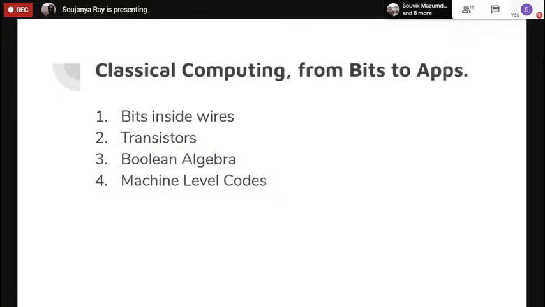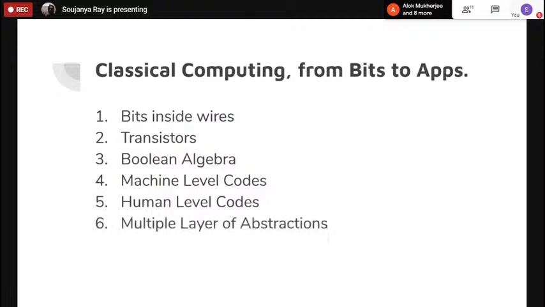And then we have human level languages like human level codes. And then you have multiple layers of abstraction. And finally, you get the current computing realm. So all the apps that you use are nothing but layers and layers of abstraction that are a result of a century of research and development.